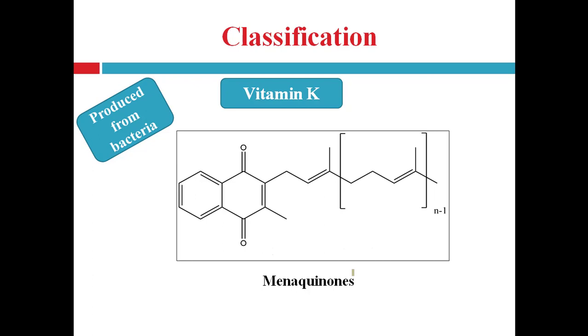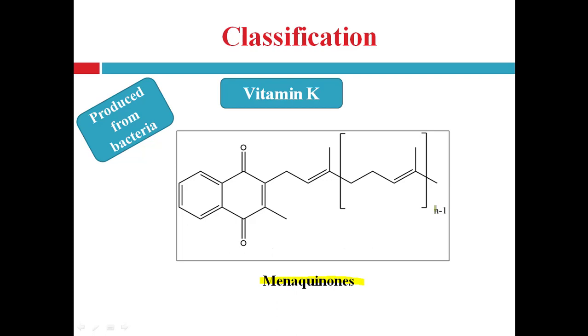Then vitamin K which is produced from bacteria, example is menaquinones. Different menaquinones are produced with different n symbol, right.